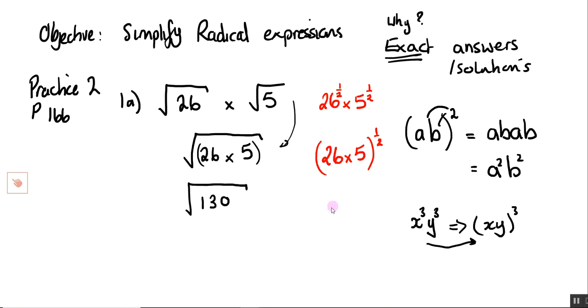And 26 times 5, we've just said, is 130 to the power of a half. So that's our square root of 130. So that's linking our surd or radical notation with our exponent notation. The same rules apply.